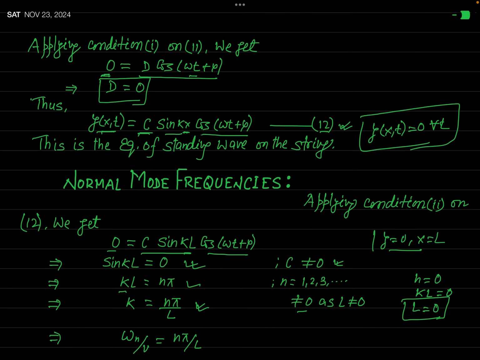Therefore I have written n is equal to this much. So here k will be equal to n pi over L. But you have seen earlier that k is equal to omega over v. For different values of n, k will have different values, and therefore I have written it not as omega by v but omega n over v. This is for the nth mode.